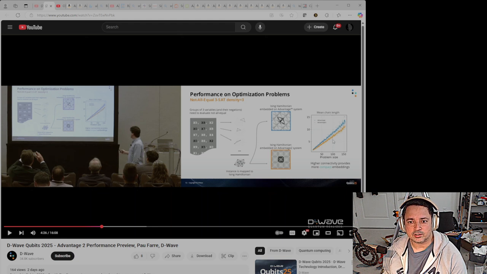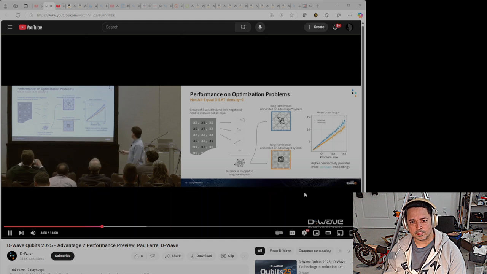So the mean chain length versus the problem size. As the problem size gets larger, the mean chain length in Advantage 2 is lower. So it needs fewer resources, which means, I guess, less noise.